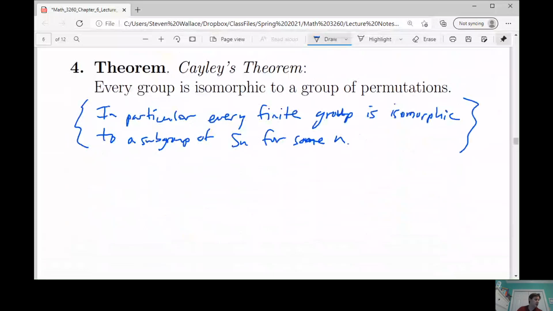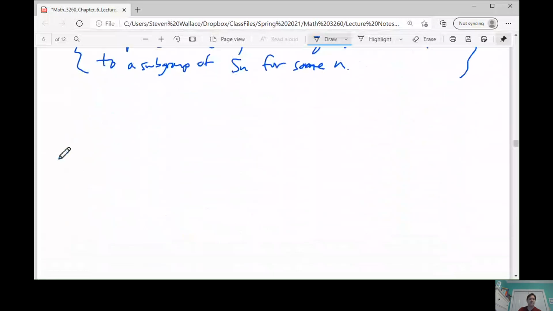Okay. And here's how this works. Okay, here's the proof. It's in your book, but let me paraphrase it for you.